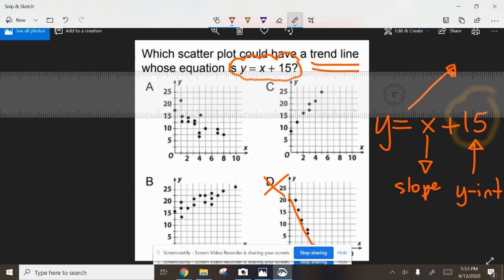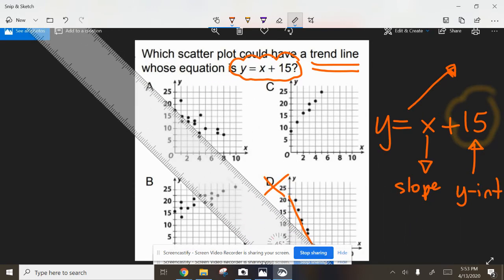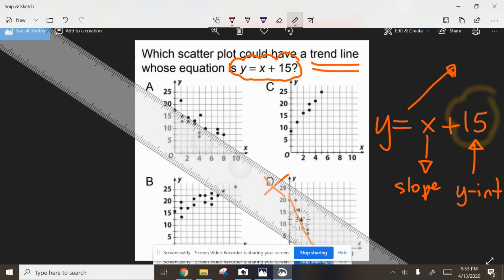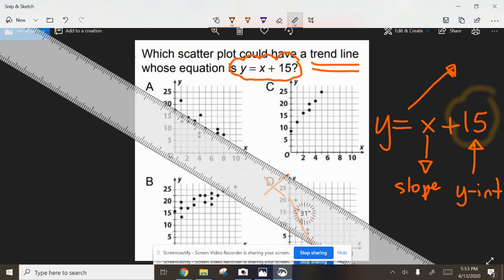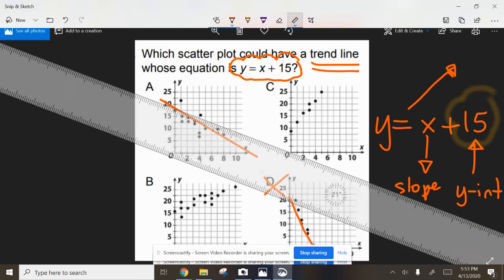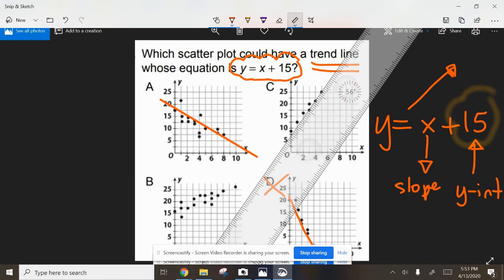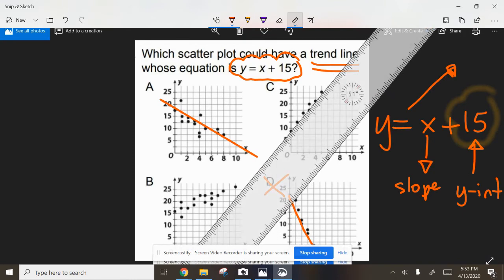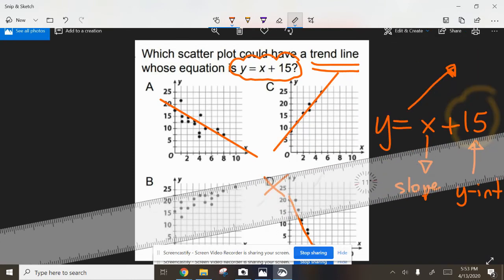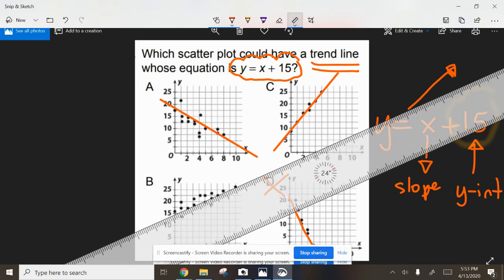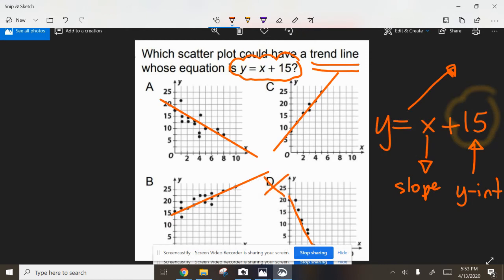But remember, we're trying to take a ruler, and I know you don't have a ruler at home, but try to find the middle of this data. I would say the middle of that data would be right around here. All right, I would say the middle of this data would be like right here, kind of. Okay, now let's get rid of this ruler.